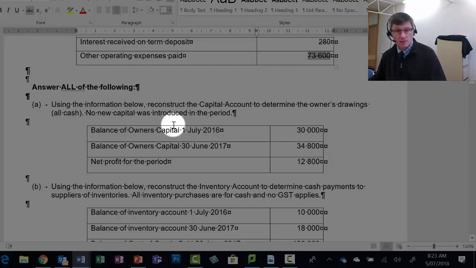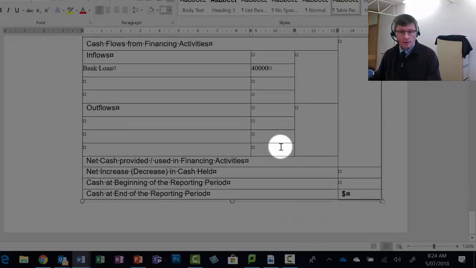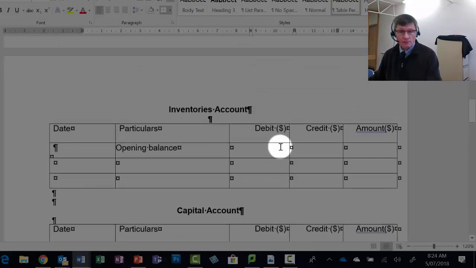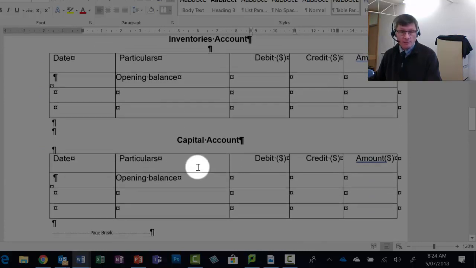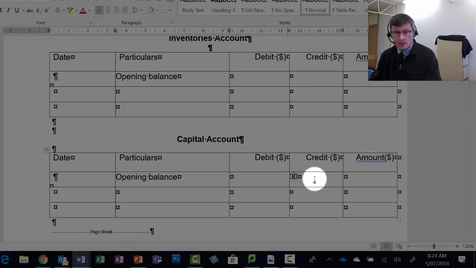Alright, so let's put some of these things into the account. So $30,000 is the opening balance, here it is, $30,000. So the opening capital account, $30,000. Now you need to recognise that it's a credit balance.